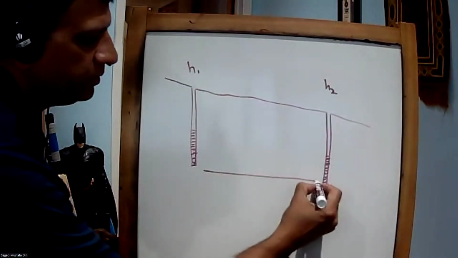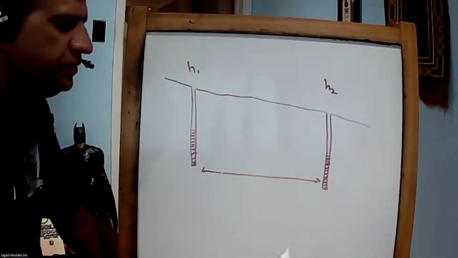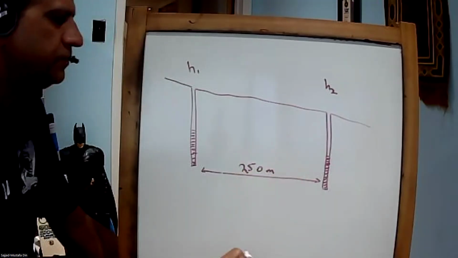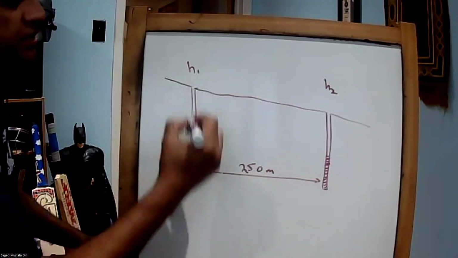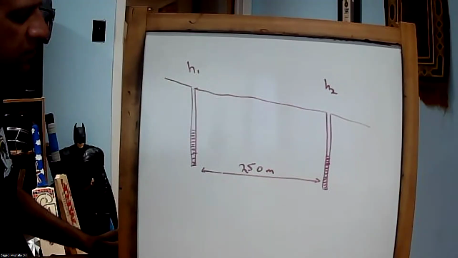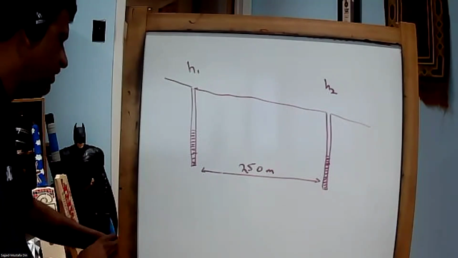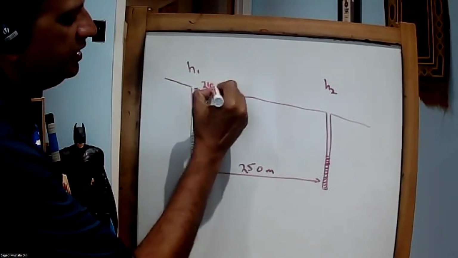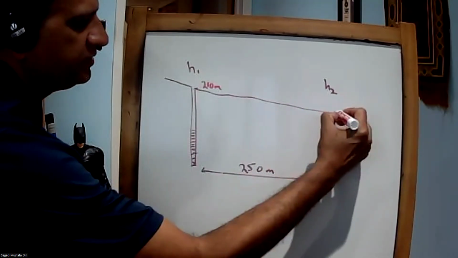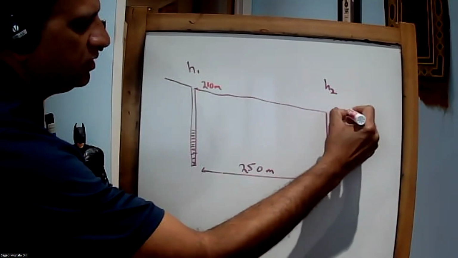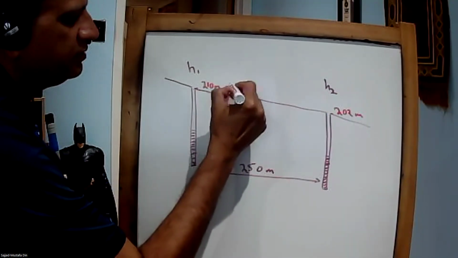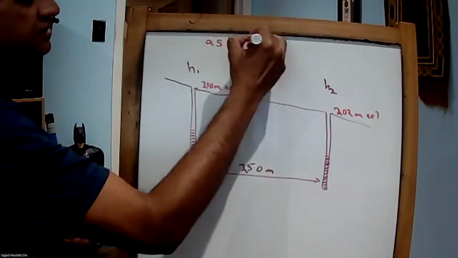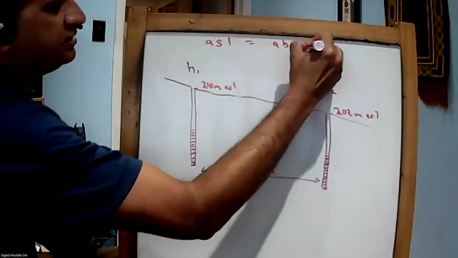And we know that the distance between the two, let's say it's 250 meters. You've done your survey, you know what the surface elevation is, so we'll write that in red. Say it's 210 meters above sea level, and here it's 202 meters above sea level. So ASL stands for above sea level.